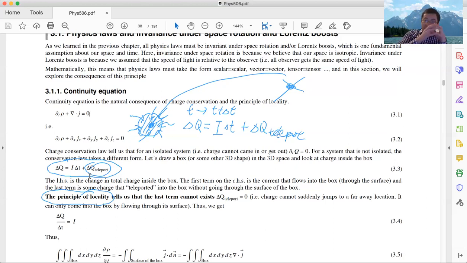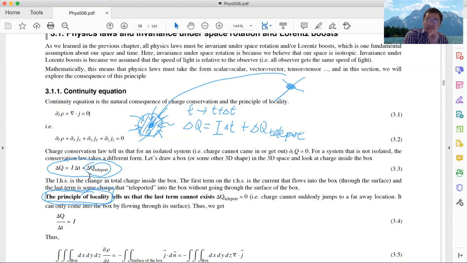Information can gradually propagate, or say charge can gradually move from point A to point B, but the charge cannot teleport suddenly from one point to a point far away. So this principle of locality tells us teleport is not allowed. That is an additional constraint in addition to charge conservation.